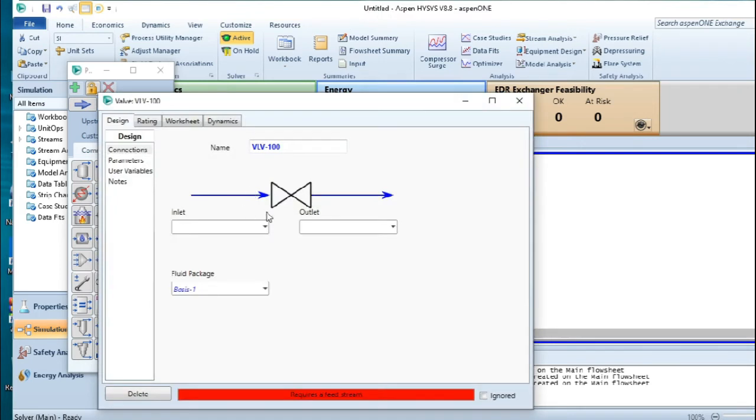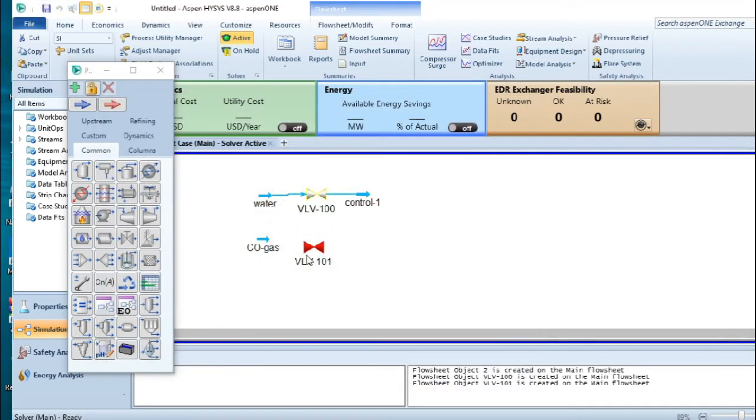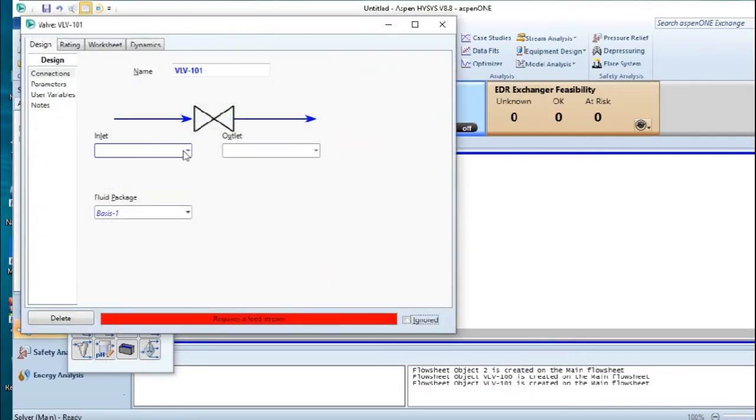So this is for water. Let's call it control 1. Let's call this one control 2.